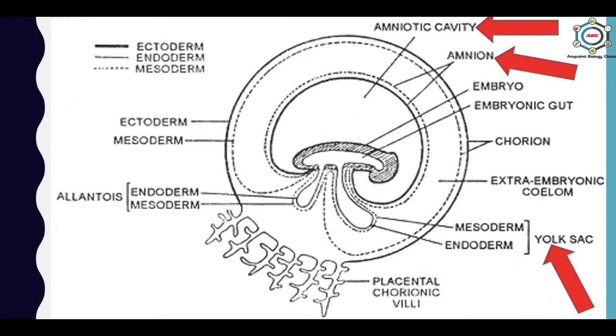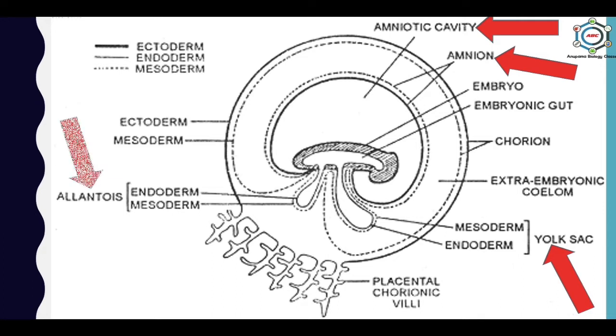It cushions the embryo, protecting it against bumps and against pressure of maternal organs. It permits fetal movements, prevents bacterial infection, maintains a constant temperature and pressure, protects the embryo from injury if the mother falls, etc. So this is the work of the amniotic fluid which is present in the amniotic cavity in the amnion.